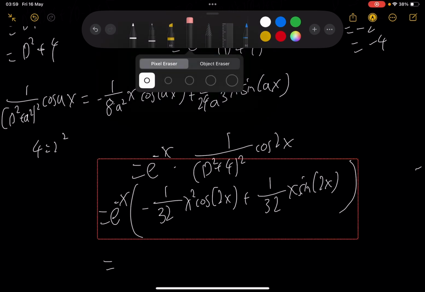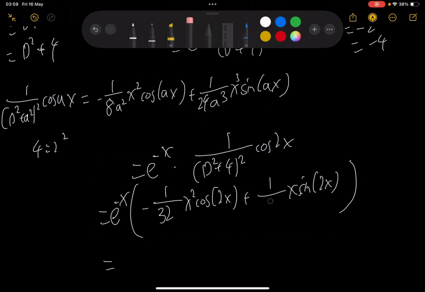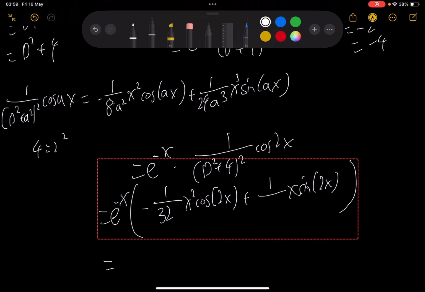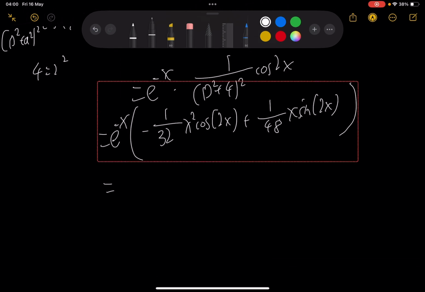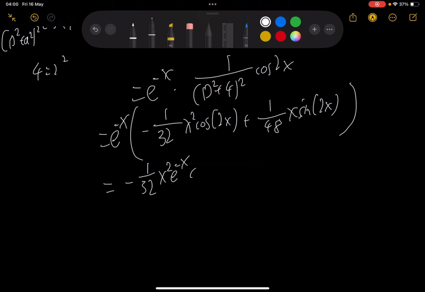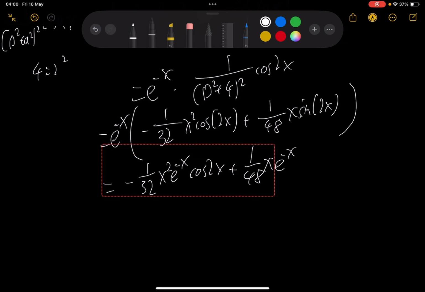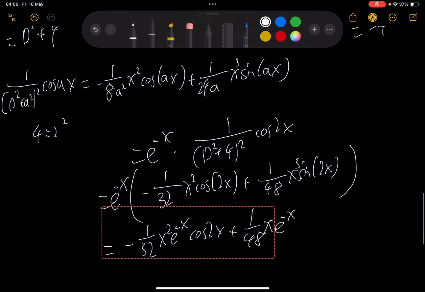And then this thing, you can get 24 times 2 cubed. It should be 24a. Yeah, 24a is the root. And after multiplying you get 1 over 48. Therefore you can get something like this: 1 over 32 x squared e power negative x times cosine 2x plus 1 over 48 x times e power negative x. It should be x cubed. First you get x squared and then x cubed like that.